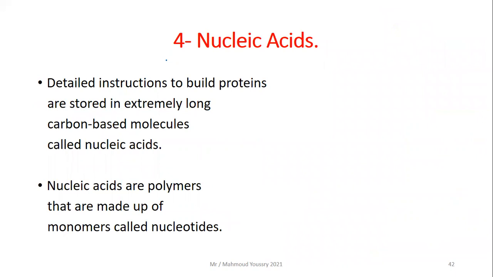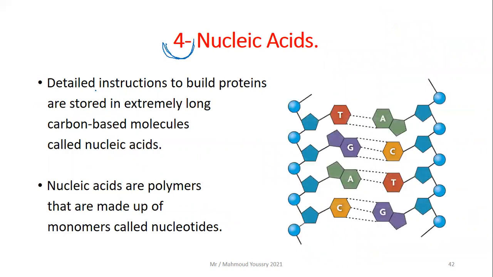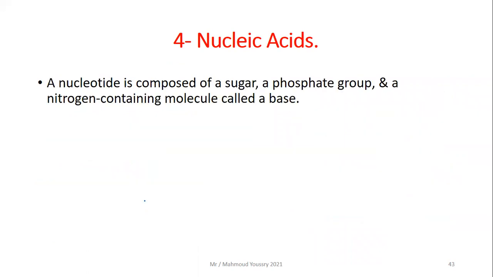Then we move to the nucleic acids. These are the last carbon-based molecules. The instructions to build proteins are stored in extremely long carbon-based molecules called nucleic acids. Nucleic acids are polymers, so they are made of monomers called nucleotides.